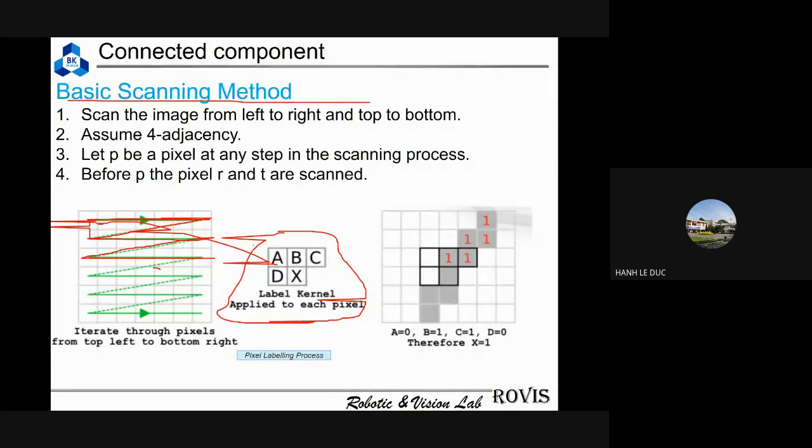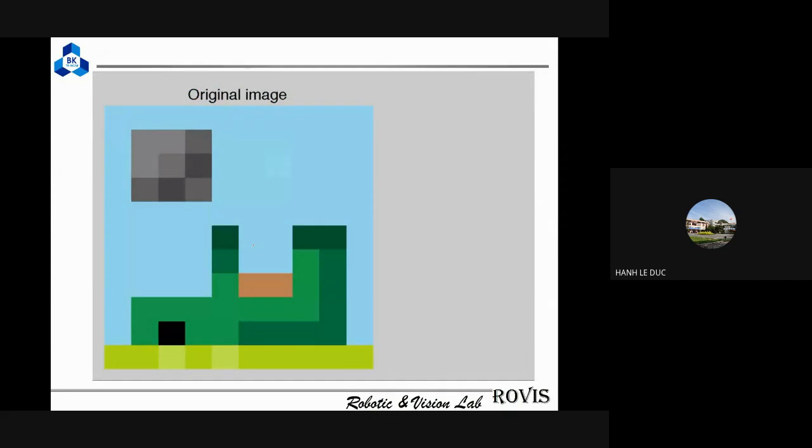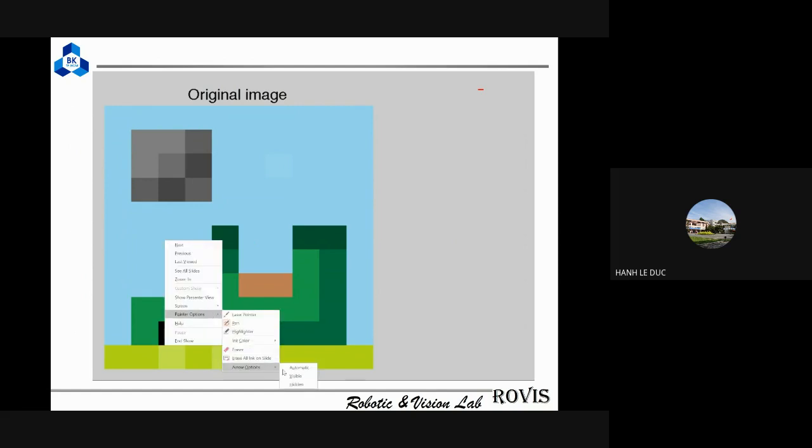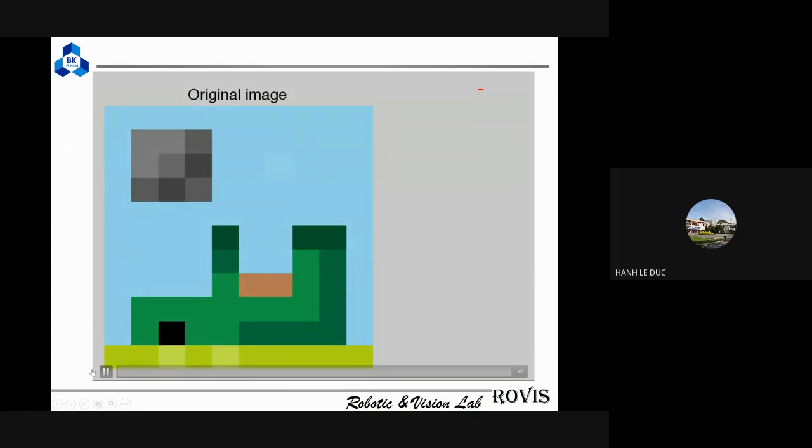Let's see the example. We have the image here. From this, how many objects are there?